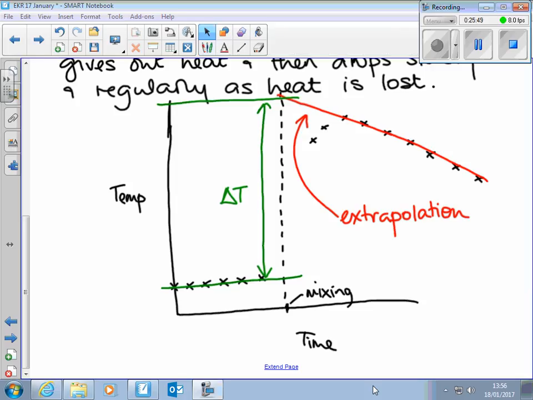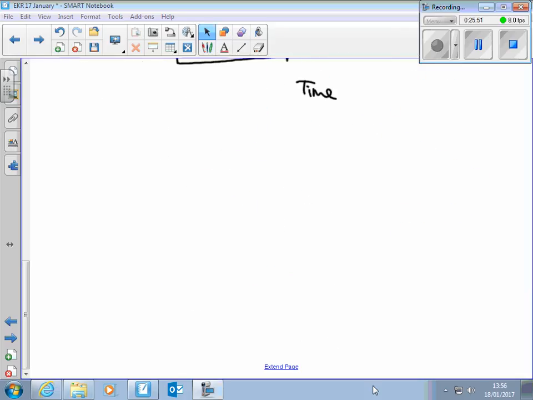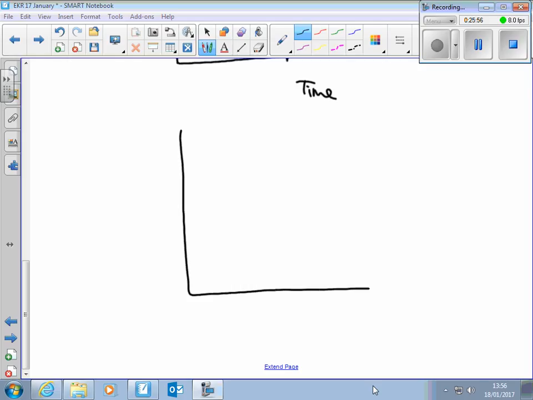If you were looking at a cooling, where you've got an endothermic reaction, I've got to try and get this one right. These might not be at quite the right intervals, but if that was your starting point, and then we've got mixing about here, say, you might have cooling that continues for a couple of readings and then starts to come back to room temperature.